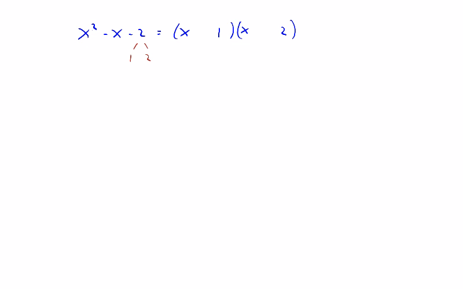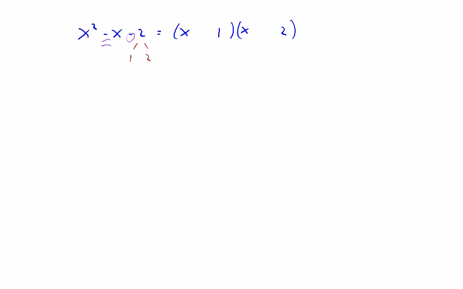Now, looking at this, we know that we have to get a negative 2. So one of the factors must have a plus sign in the middle, and one of the factors must have a minus sign in the middle. And we need to figure out which way to go. When you look at the middle term of the original expression, we get a minus x. So in other words, the overall result is we have to subtract more than we add.